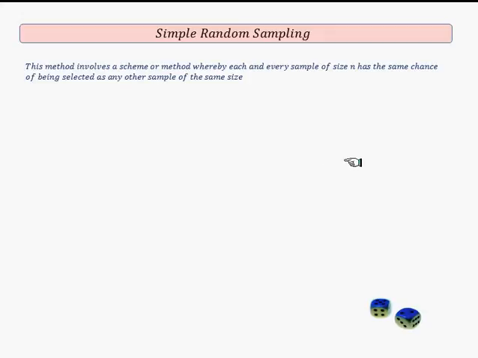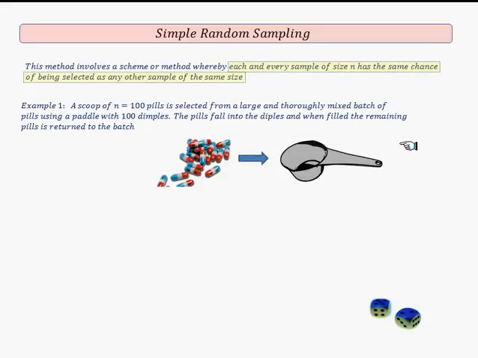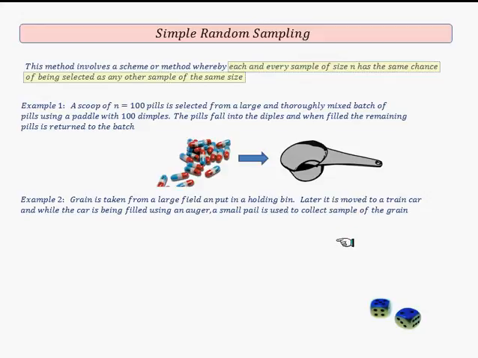The second method is called simple random sampling, and it involves a scheme whereby each and every sample of size n has the same chance of being selected as any other sample of that same size. We have here the notion of pills in a pharmaceutical, putting in a scoop and scooping up a sample from the population.